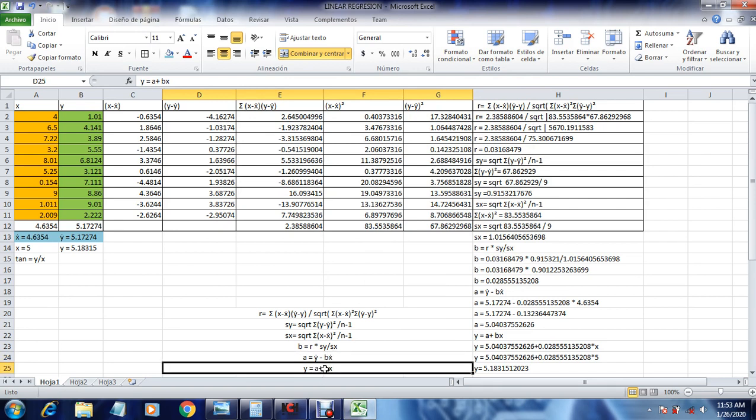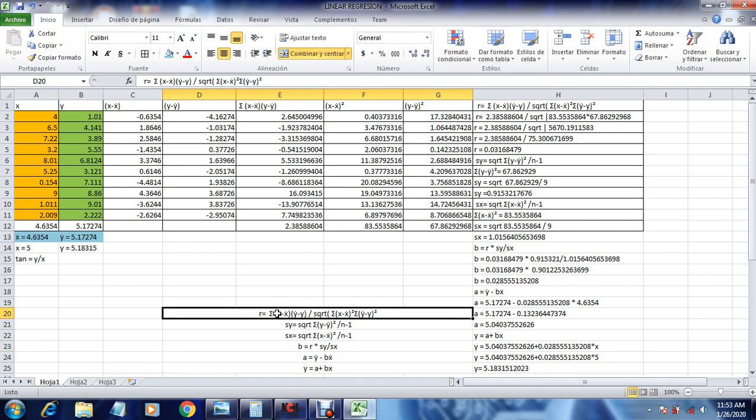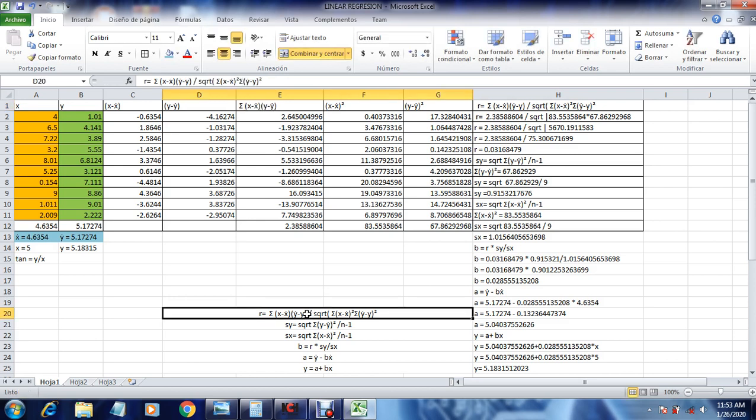To get the value of b, we need to use this formula of R that is equal to this: the summatory of this row that is inside this row.